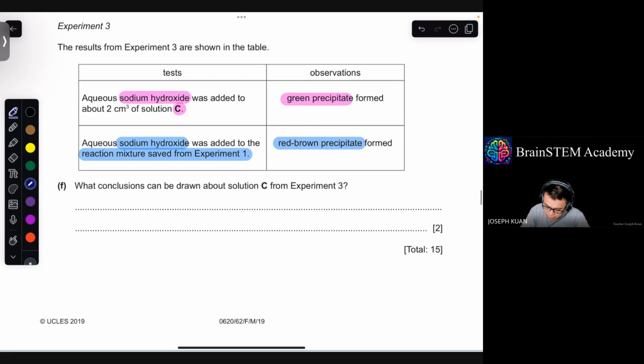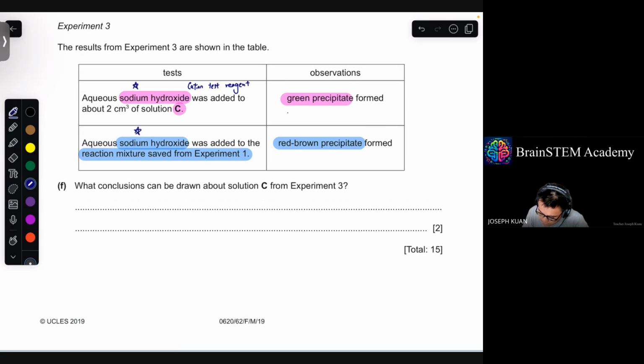Now, whenever you see the word sodium hydroxide, you should think of it as, one, an alkali. Second, it is a cation test reagent. Using an alkali tests the presence of cations.